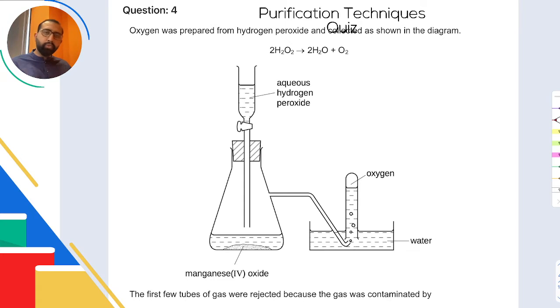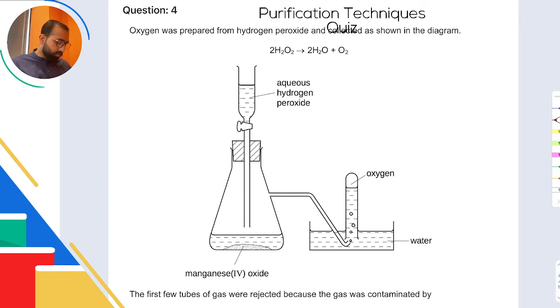Of course, if the test tube in which you're collecting is empty before you start collecting the gas, it is possible that whatever air was inside would contaminate whatever gas you collect.